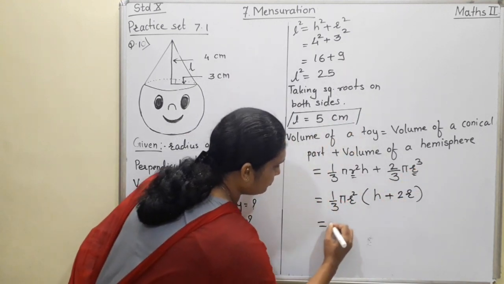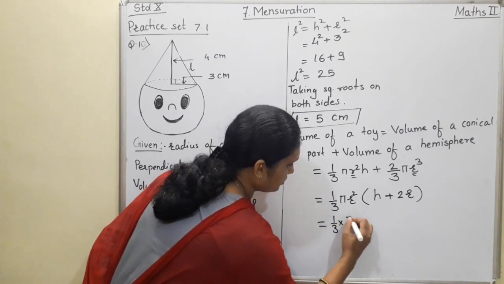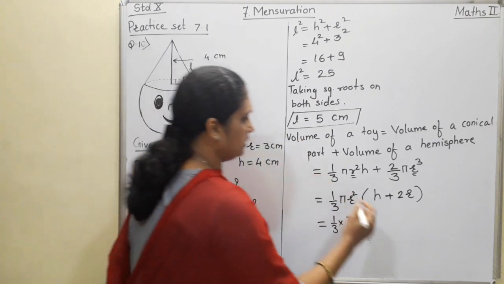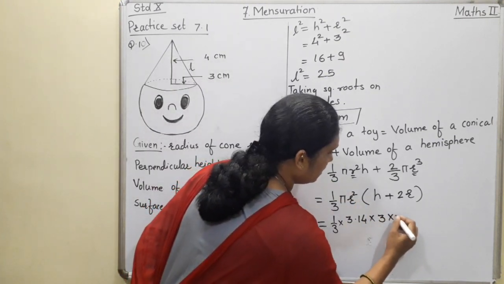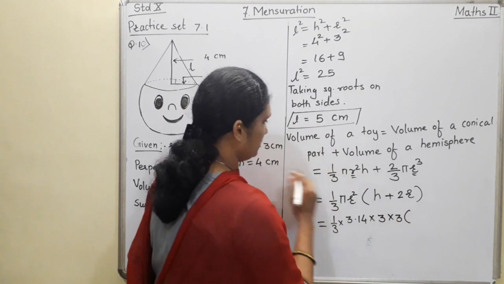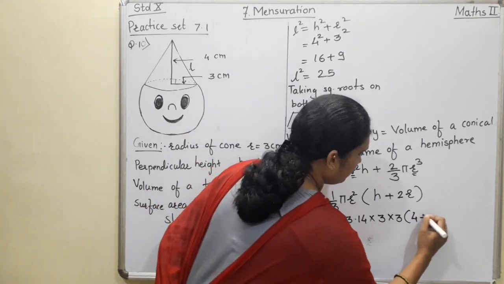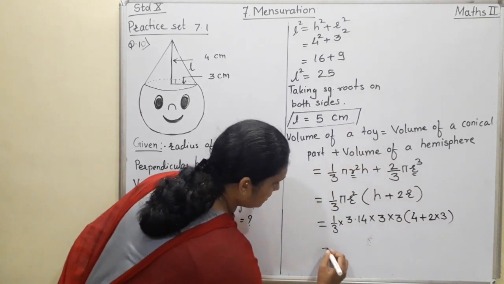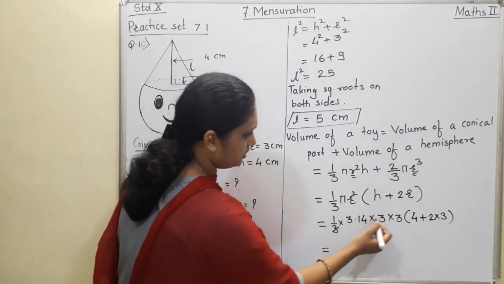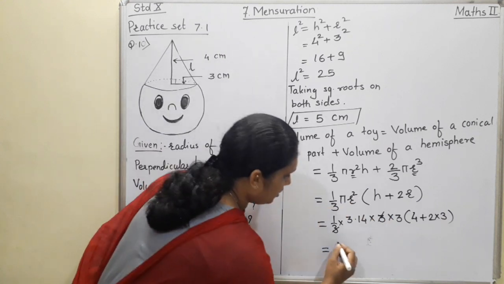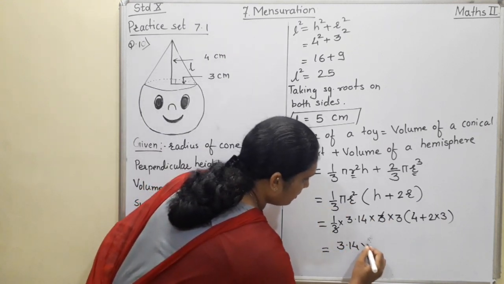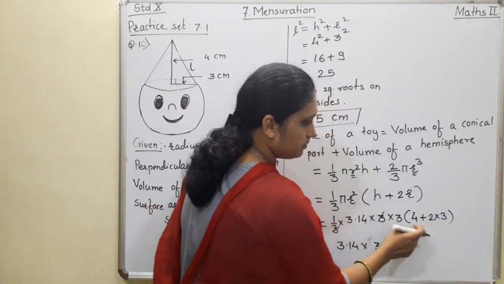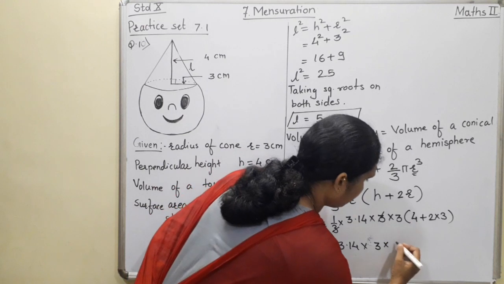Now we'll put the values: 1/3 into 3.14, r value is given 3, so 3 into 3, h value is given 4, so we'll put 4, plus 2 into 3. If you solve this calculation, 3 gets cancelled, remaining 3.14 into, now what is the addition here? 2 3s are 6, 6 plus 4 is 10.